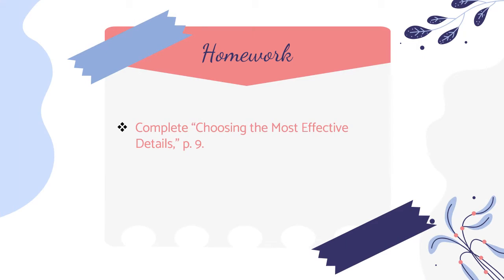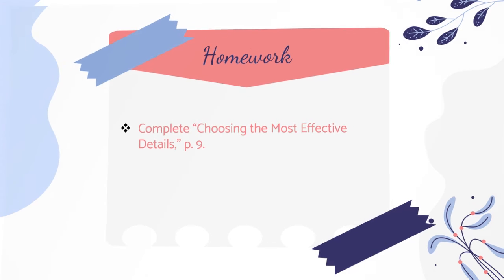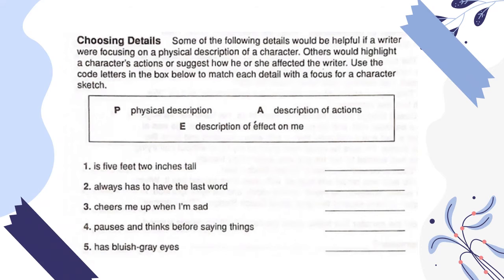So your homework for today is to complete choosing the most effective details on page 9. Let's get you started. Your instructions say some of the following details would be helpful if a writer were focusing on a physical description of a character. Others would highlight a character's actions or suggest how he or she affected the writer.